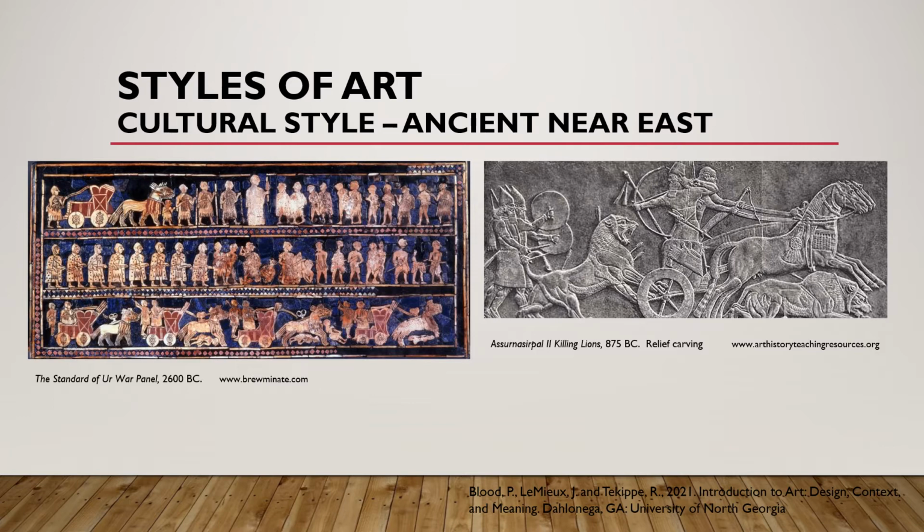Showing space is also very rudimentary and mostly shown by overlapping figures, but not much else. A hierarchical proportion is used. The greater or more prominent the person, the larger their figures are in relationship to those of lower status. And you find this also as you get into Egyptian art.